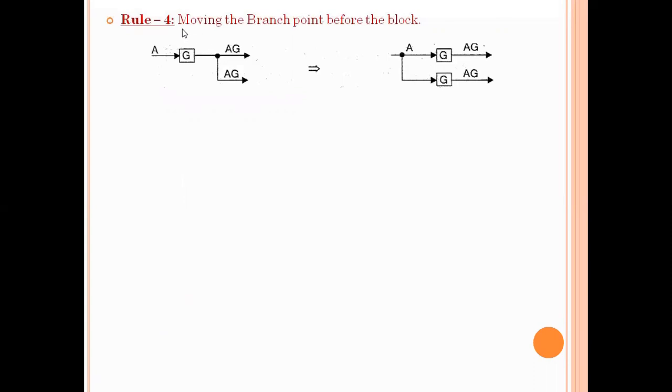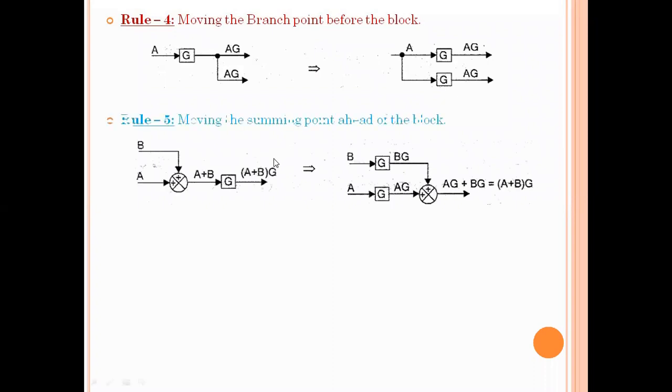Then rule 4, right side to left side, which is before the block. So we need to multiply with G. So this is rule 4.